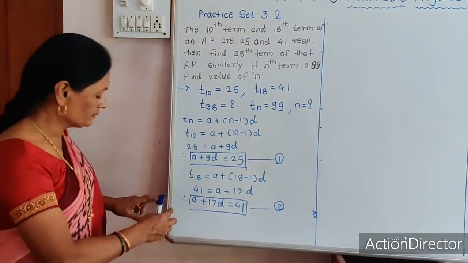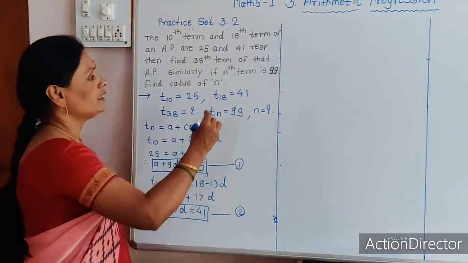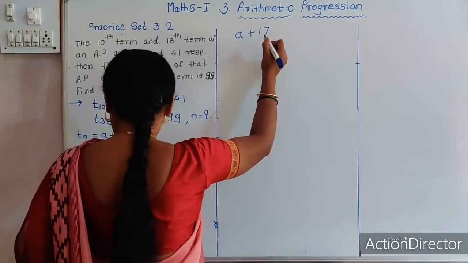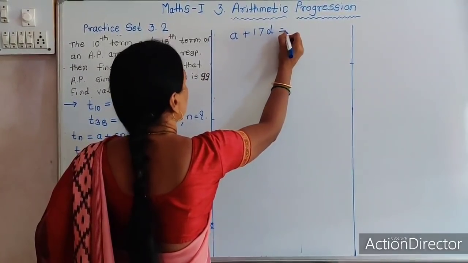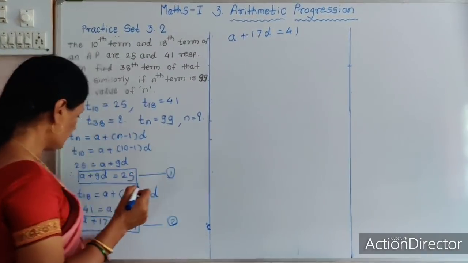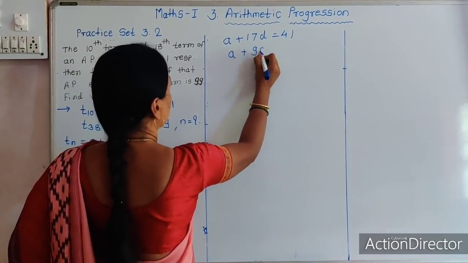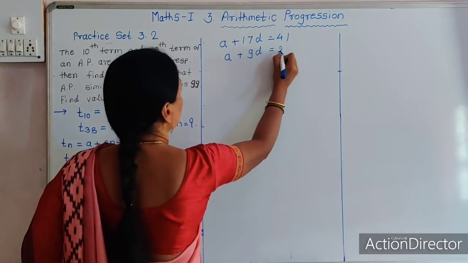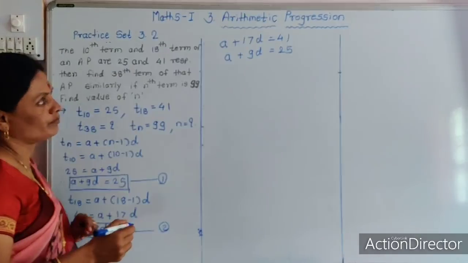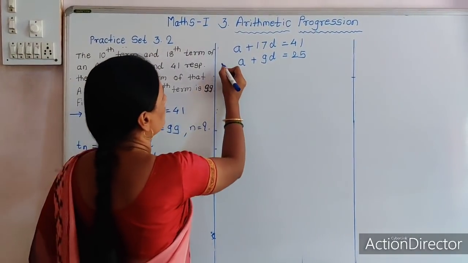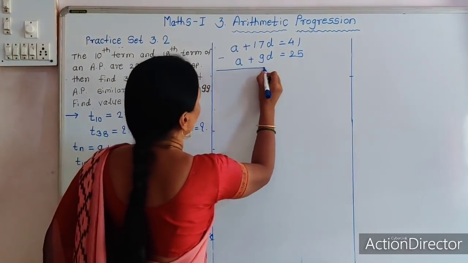Now, for solving these two equations, first I write A plus 17D is equal to 41, and the first equation A plus 9D is equal to 25. We solve these two equations. For solving these two equations, we subtract them.